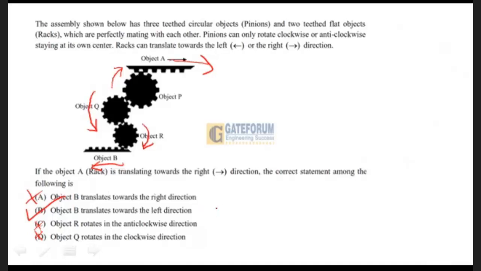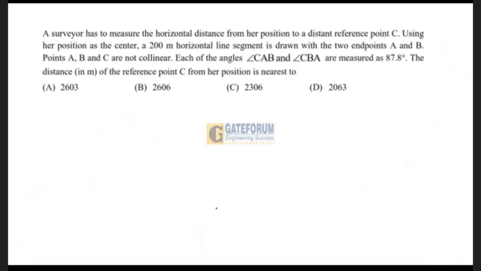This is once again a bit of observation. A surveyor has to measure. This is the same problem as was given in the EC department, the first sum that we did today. A surveyor has to measure the horizontal distance from her position to a distant reference point C, using her position as a center.